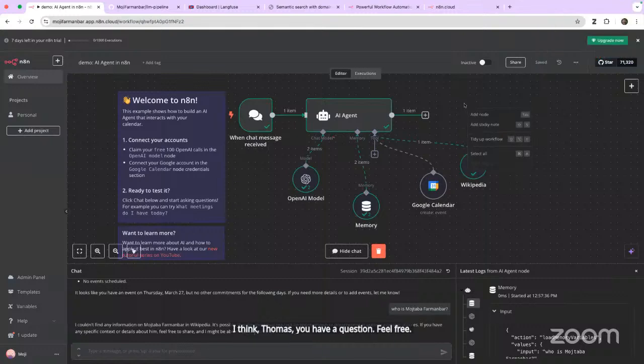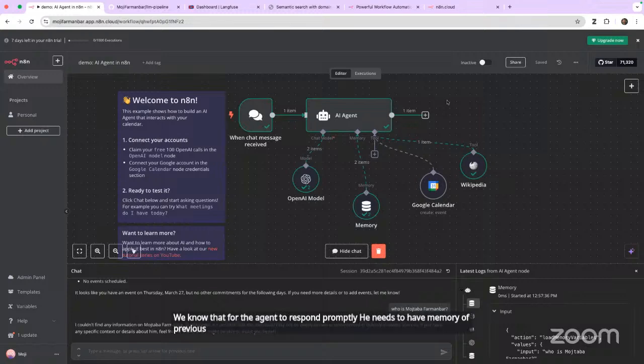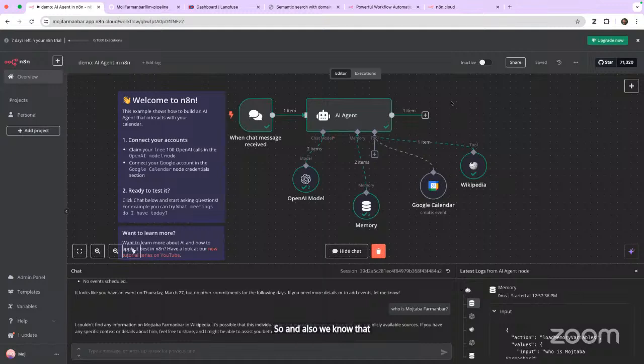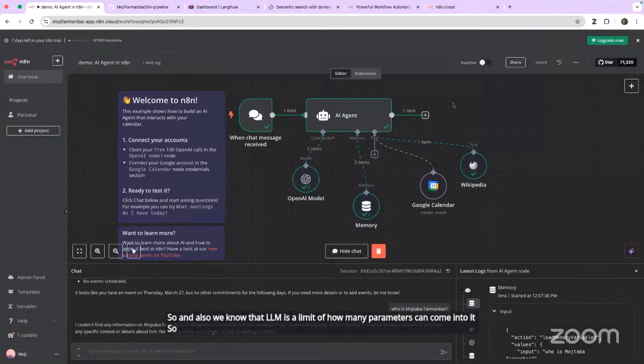Yes, thank you. I want to know about the memory of an AI agent. We know that for the agent to respond properly, it needs to have memory of the previous conversation and everything else. And also we know that an LLM has a limit on how much can come into it. So the longer the conversation goes on, the more it has to process.